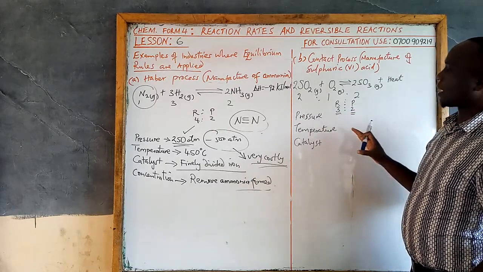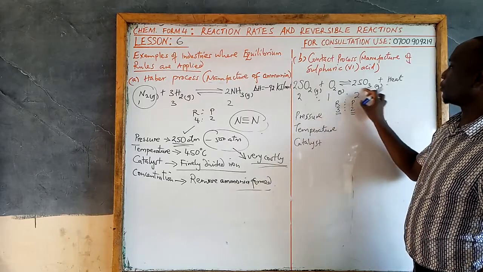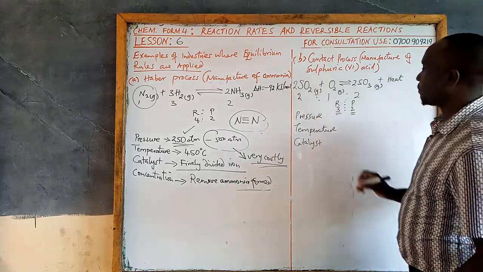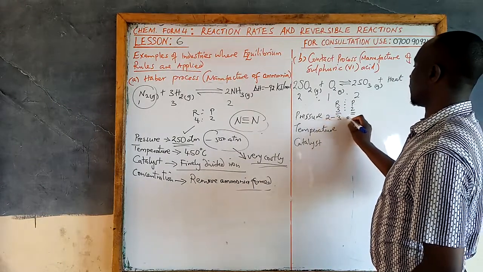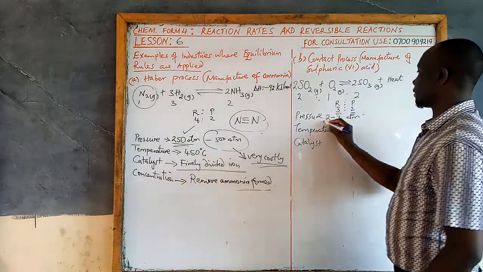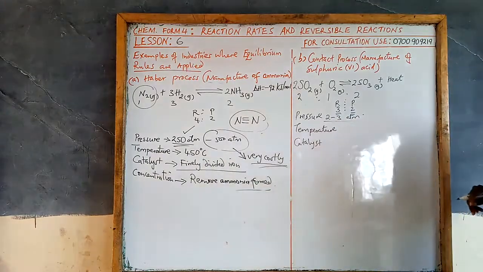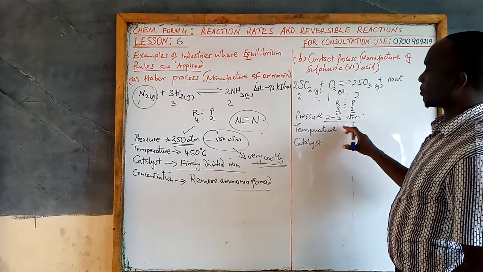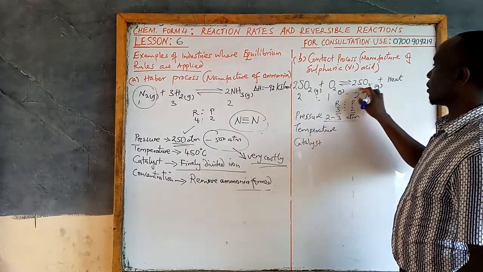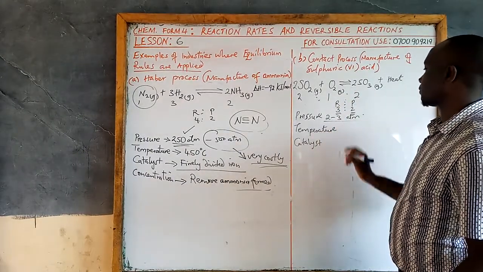That means high pressure here will favor formation of sulfur 6 oxide, and here a pressure of 2 to 3 atmospheres is applied. So this will be the best pressure to have more yield of sulfur 6 oxide.